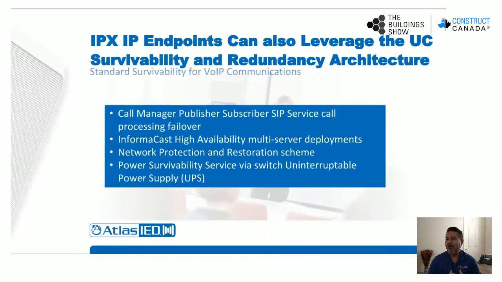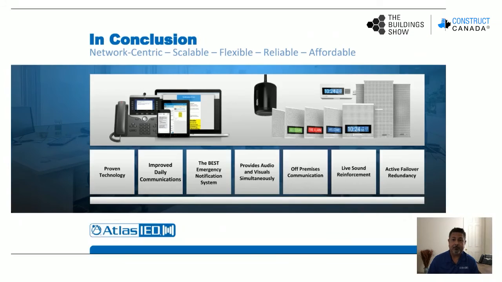The reason it's done that way is, for example, if there's a power outage, the ecosystem is configured so that clients can still pick up a handset and dial appropriate people, even during a power outage. So all of those survivability and redundancy architectures for the network apply to the IP endpoints, providing survivability to not just the handsets, but all the devices and all the areas that a client may need to communicate to. So that's part of the package as well.